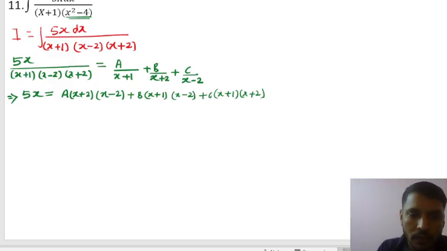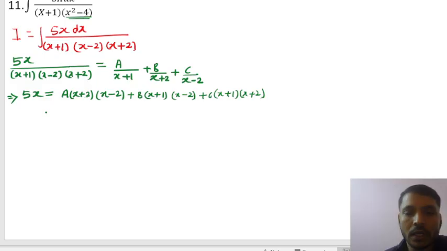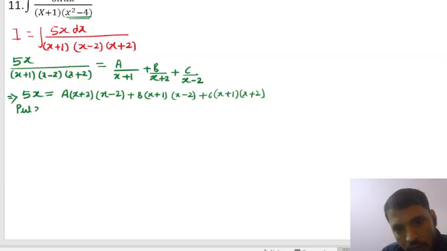For that we are going to substitute x values so that two out of the three constants become 0 and we get the third constant. So here we are putting x equal to minus 2.